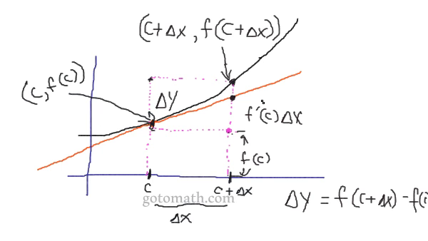But as the delta x decreases, this whole thing right here is approaching the delta y, and therefore we could say that this delta y is approximately f prime of c times delta x.